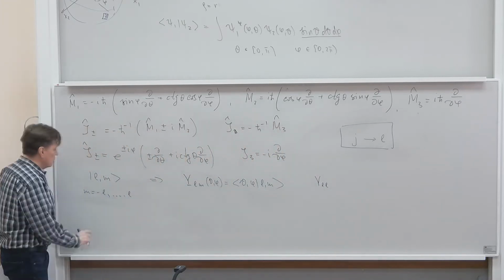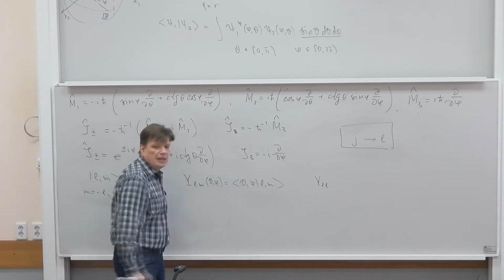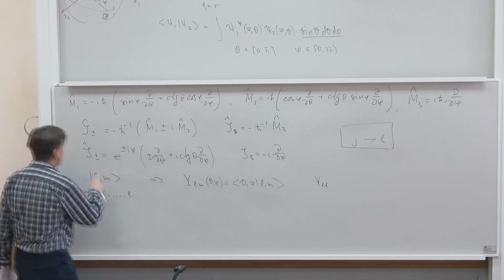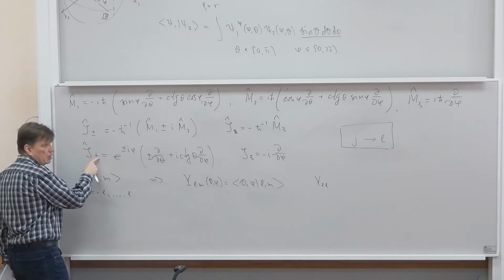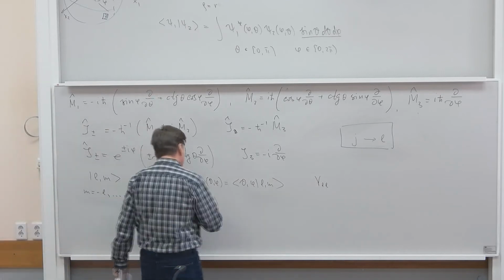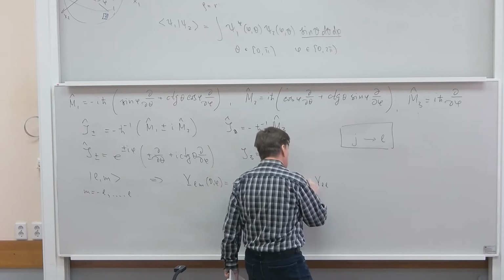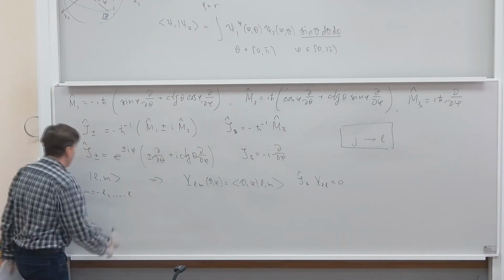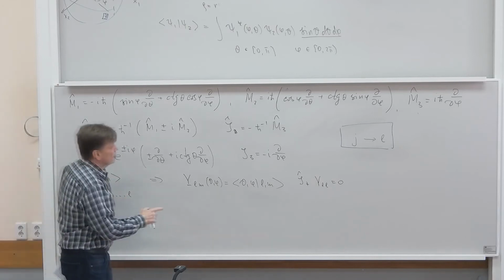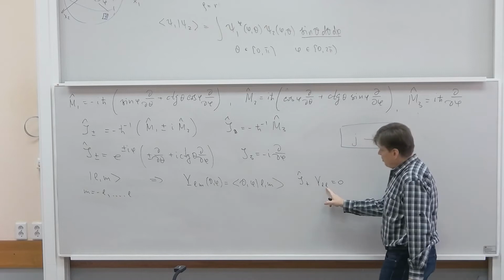By definition, this highest wave function is annihilated by the raising operator J plus, and of course it is an eigenfunction for the operator J3 with eigenvalue, with value of projection L.